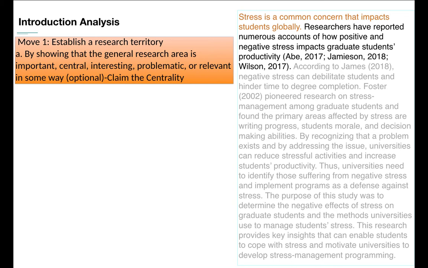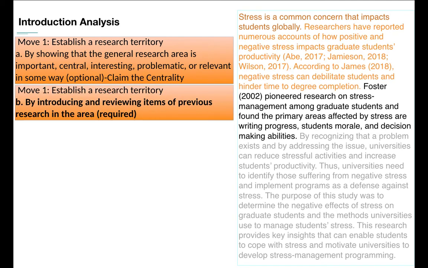Okay, now let's move to the second sentence. Can anyone read it? Researchers have reported numerous accounts of how positive and negative stress impacts graduate students' productivity. We see there is some in-text reference, right? Yes, so it's the literature review.